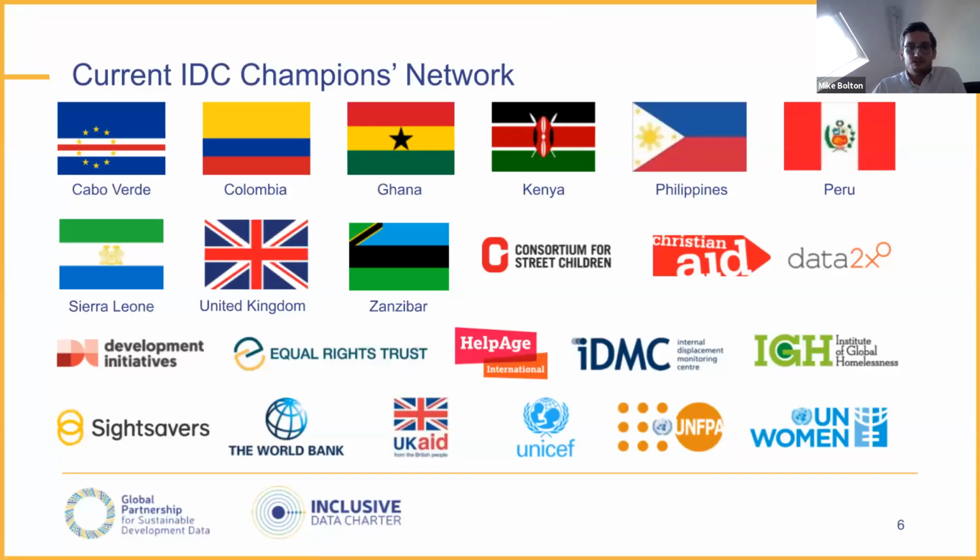And these organizations involve national statistical offices, line ministries, civil society organizations, as well as multilateral agencies. And this broadness in organization type really feeds through into the areas of interest of these champions. We have, for example, experts in disability, homelessness, internal displacement, and aging, to name but a few.